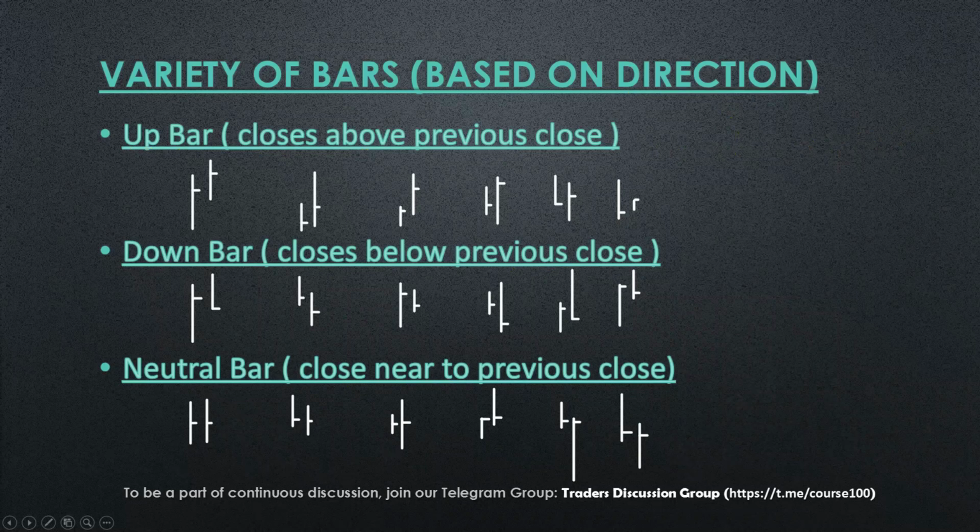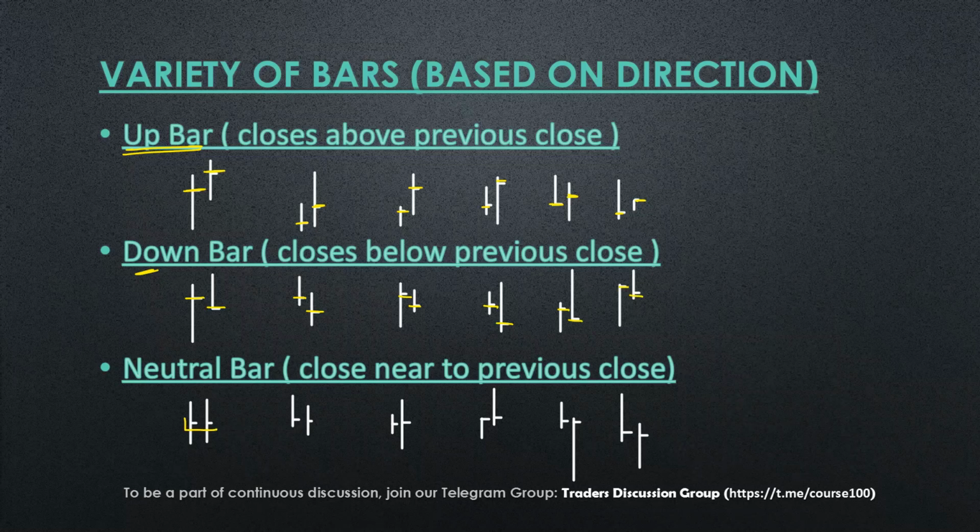So these are a few examples where my current close is moving higher. These are all examples of my up bar. In the down bars example, my current close is moving lower than the previous close.